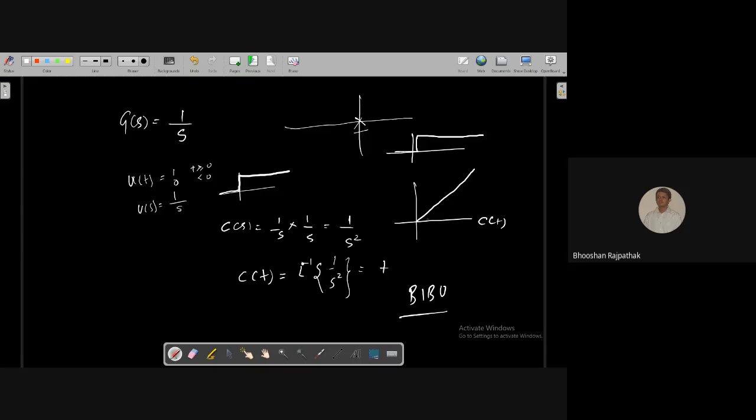So questions are asked by twisting the language in different terms, but essentially the question means if you are having single root at origin, is system stable? So the answer should be no, system is not stable. Okay, this is the reason. Your output will increase and it will go to infinity. Okay, is it understood?